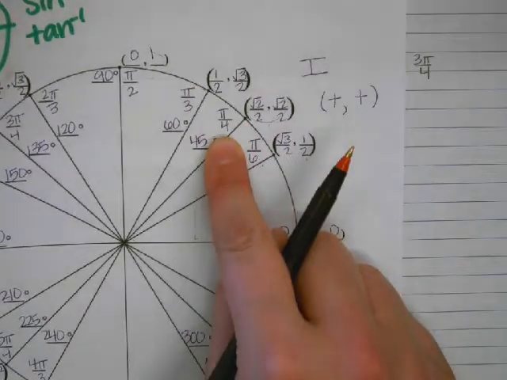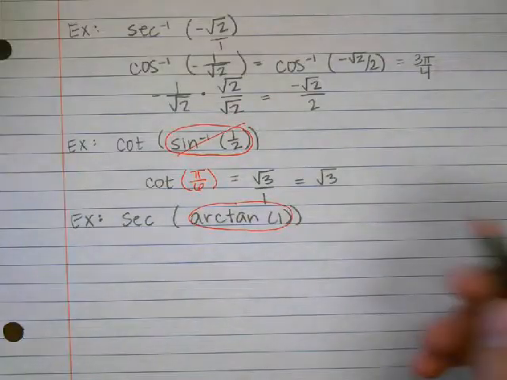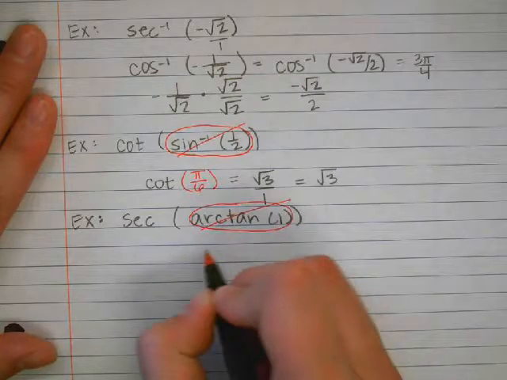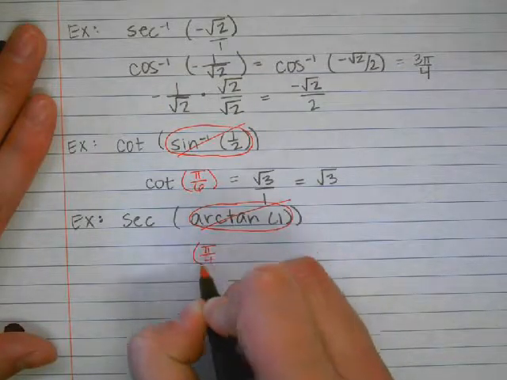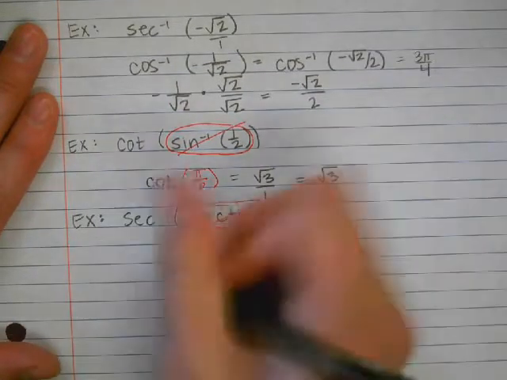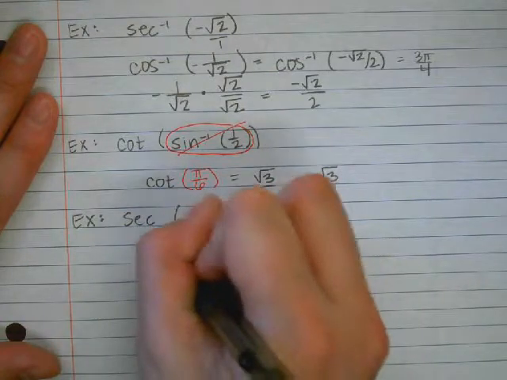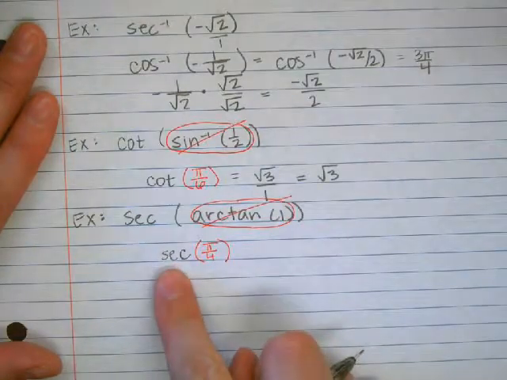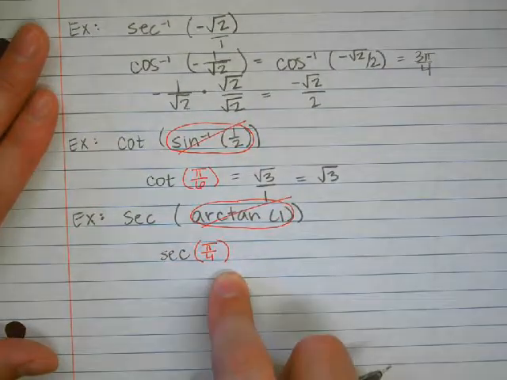And so that happens right here at pi fourths. So I'm going to say that this right here actually is pi fourths. I'm doing my order of operations, so I did the inside first. Now I can go back and do secant of that simplified inside.